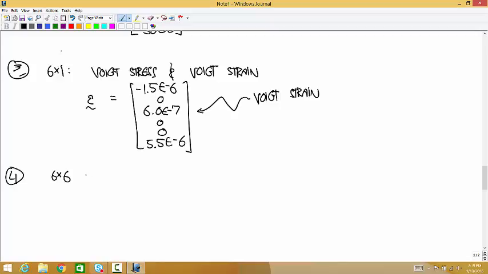So 6 by 6 matrix. And this represents the stiffness matrix and the compliance matrix. Those are inverses of each other.